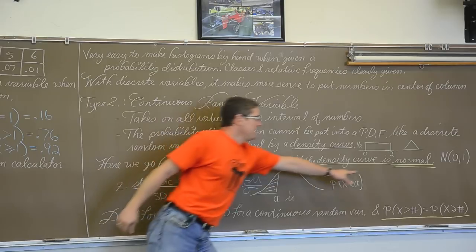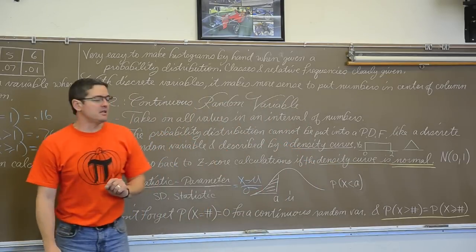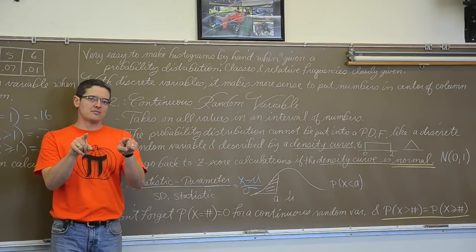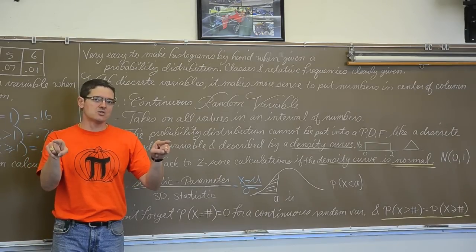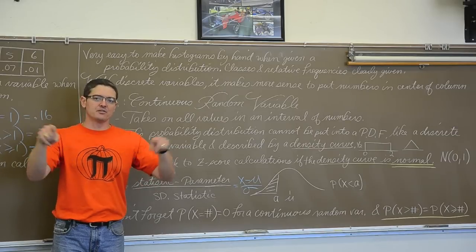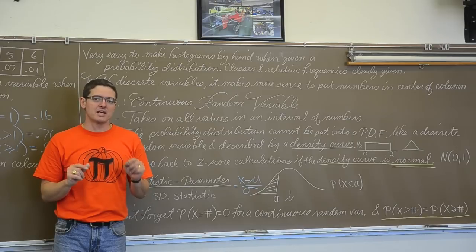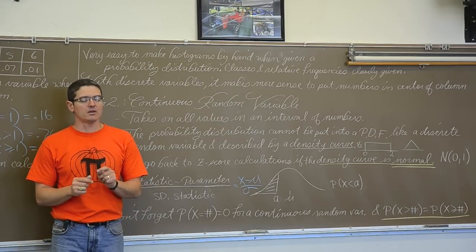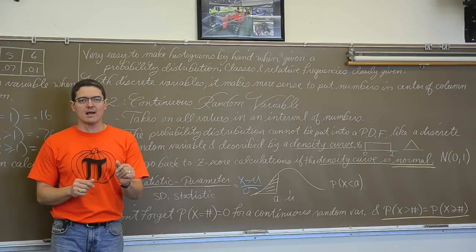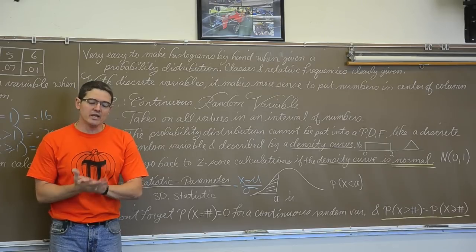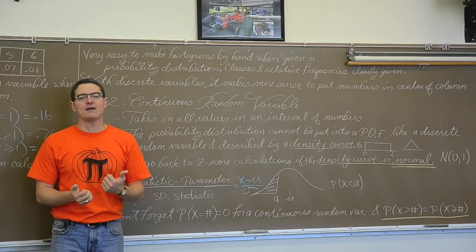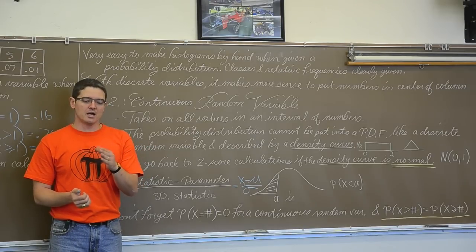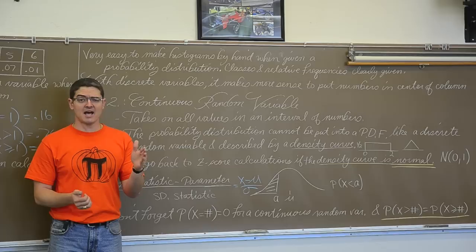Talking about normality, the definition of normality is, again, you're defined by your empirical rule. Within 1 standard deviation, you have 68% of your data. Within 2 standard deviations, you have 95% of your data. And within 3 standard deviations, you have 99.7% of your data. If you've forgotten the graph that your calculator can make for you to automatically check for normality, then read in your book or go find a past video about a graph called a normal probability plot, which is where you graph the univariate quantitative data.